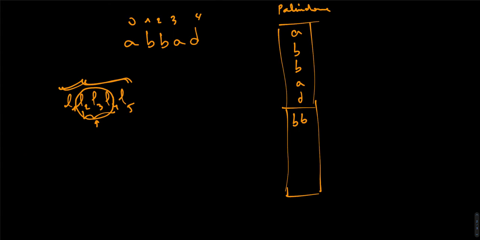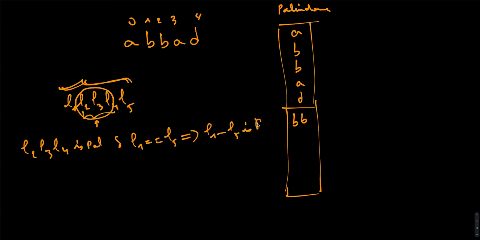So if L2, L3, L4 is a palindrome and L1 equals L5, we can say that L1 to L5 is a palindrome. So this is the rule. As you can see, we can reuse some previous information, some previous sub-solutions, to get more solutions.